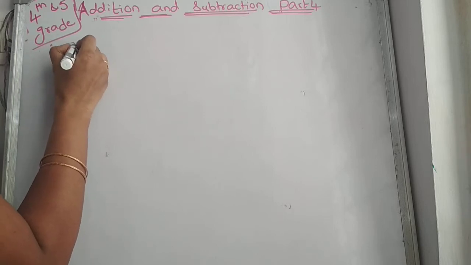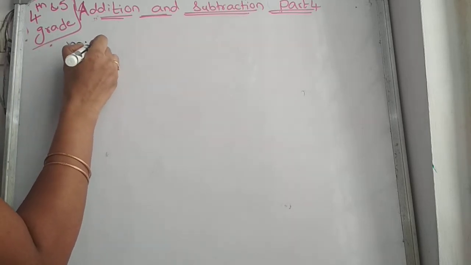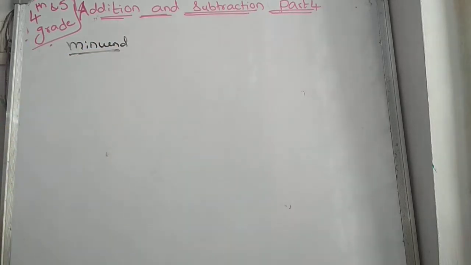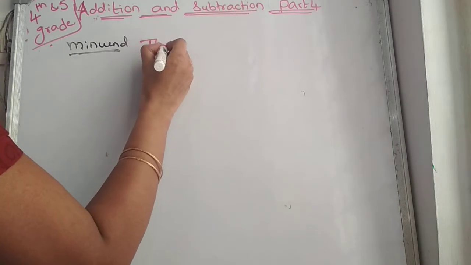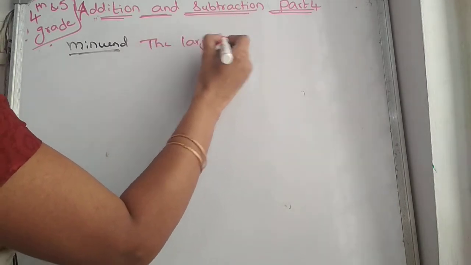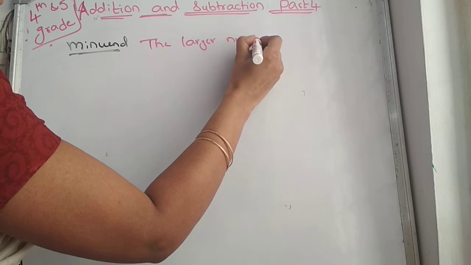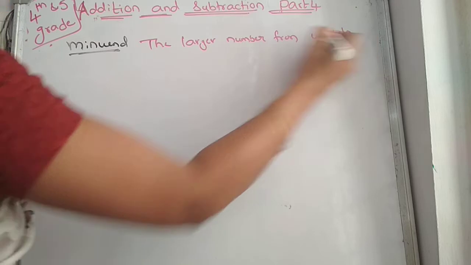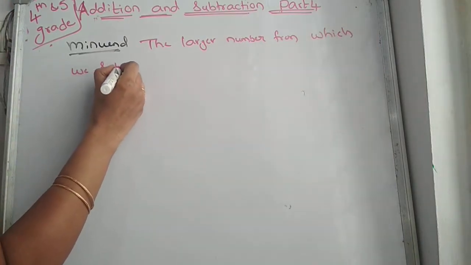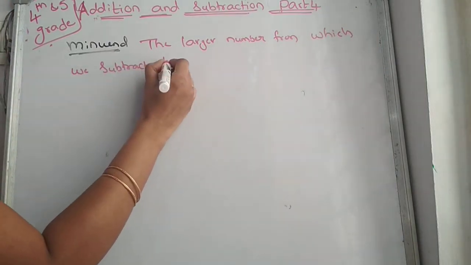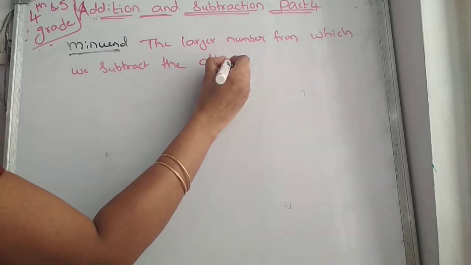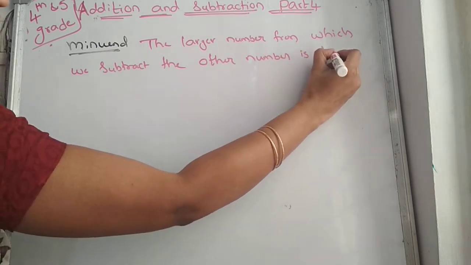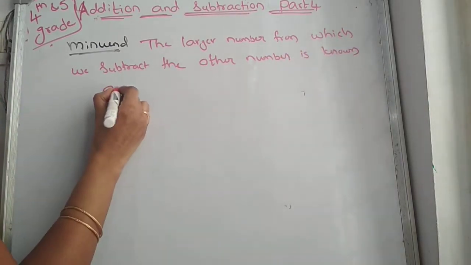Okay, first one is minuend. Minuend means the larger number from which we subtract the other number is known as minuend.